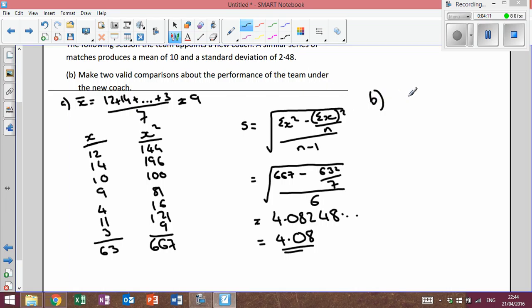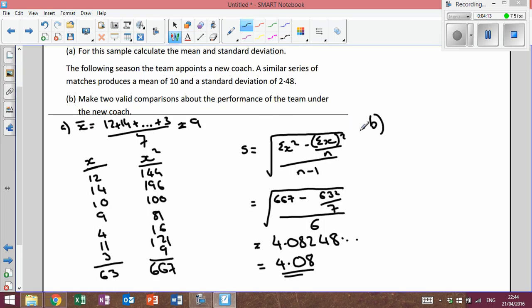So make our statements. So under the new coach, there is a higher mean. Now you have to say what that actually tells us as well.